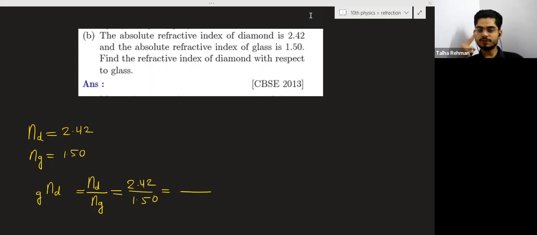And there are two types of refractive indexes: absolute and relative refractive index. Relative refractive index means we are measuring the refractive index with respect to some other medium other than the air.